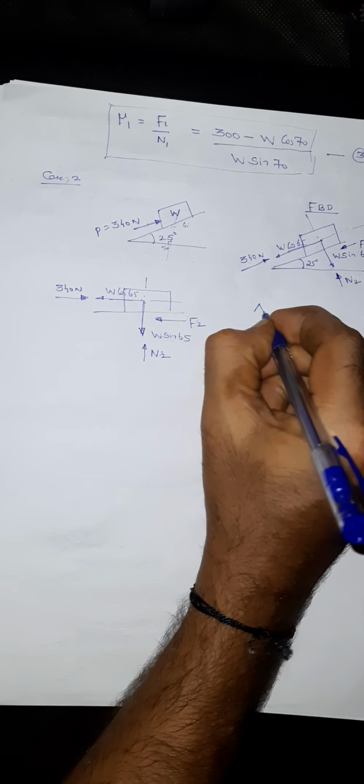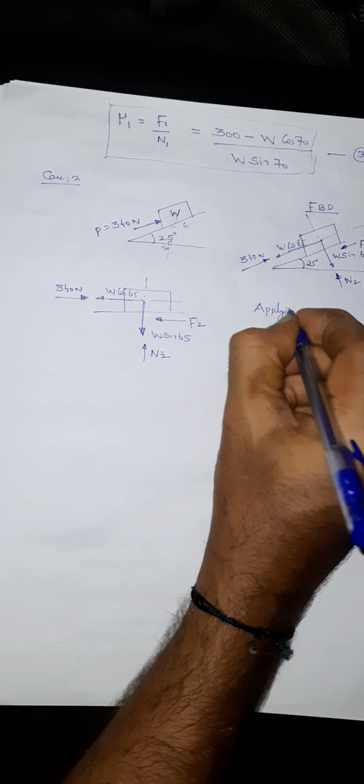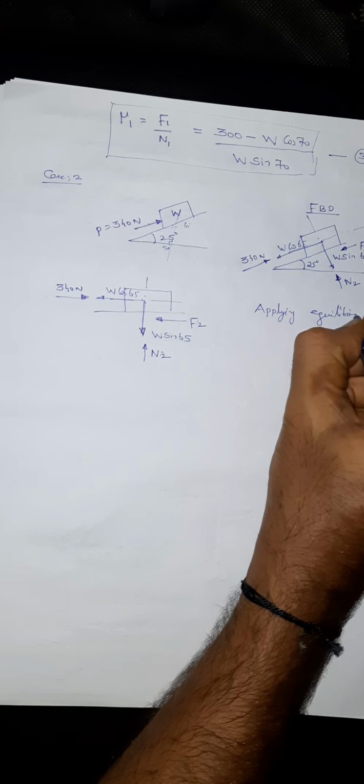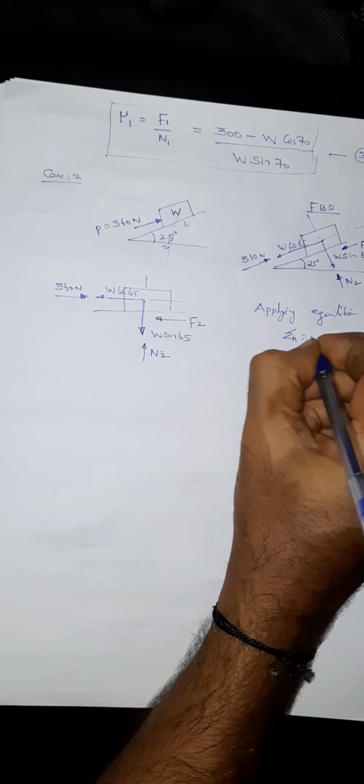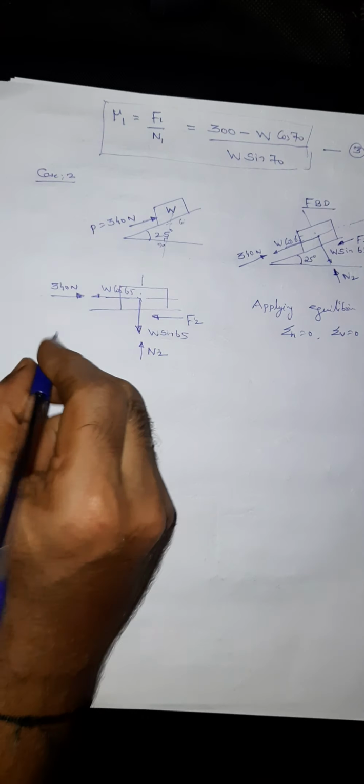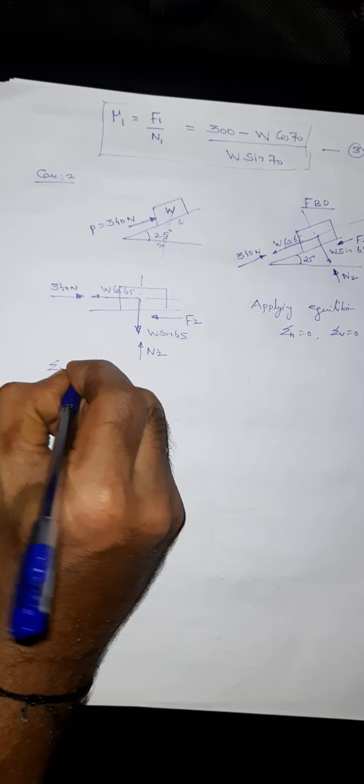So now applying the equilibrium condition. What are the conditions? Summation H is equal to 0 and summation V is equal to 0, right? So now resolve the horizontal component.